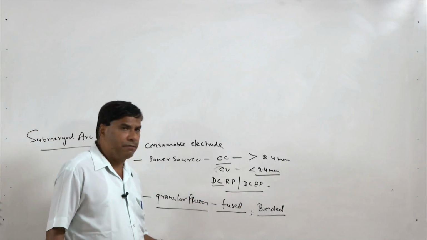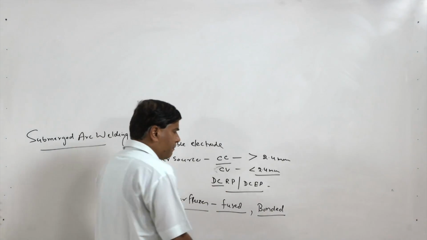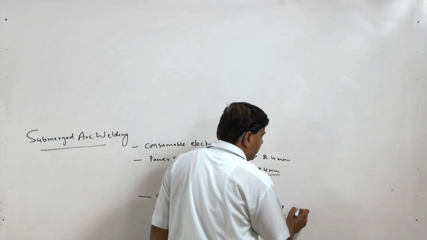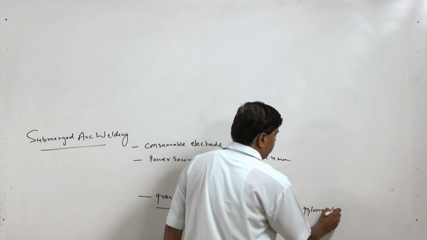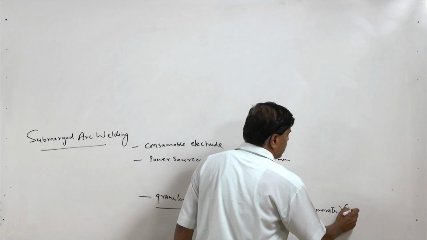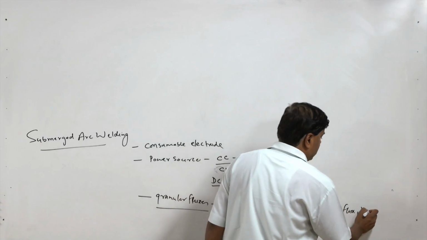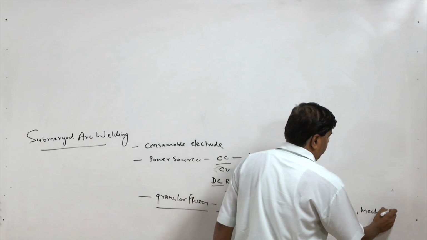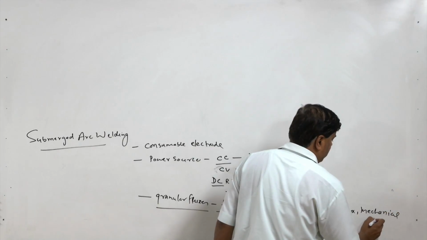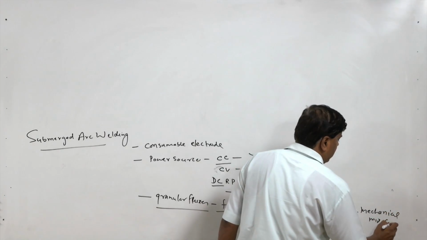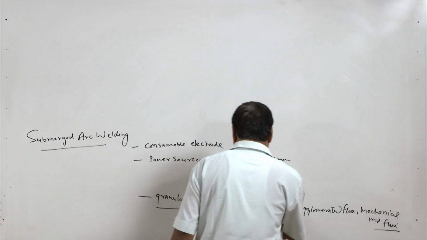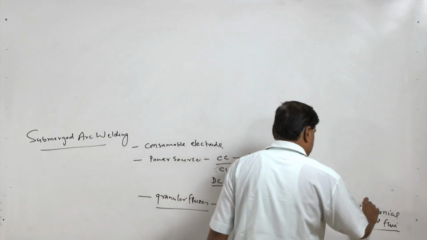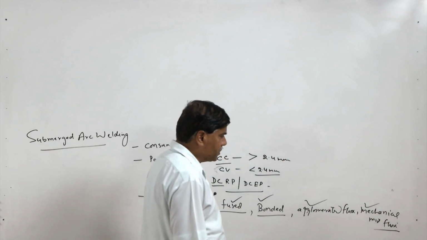But the bonded fluxes are ceramic based, and here we will see the agglomerated fluxes and mechanical mixed fluxes. These are the four types of the fluxes which are commonly used.